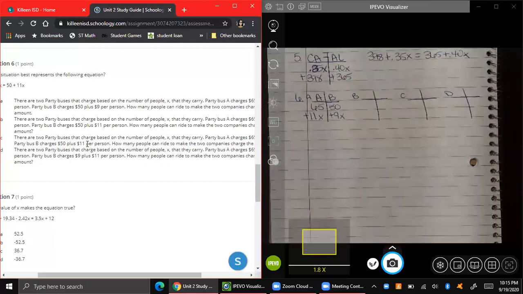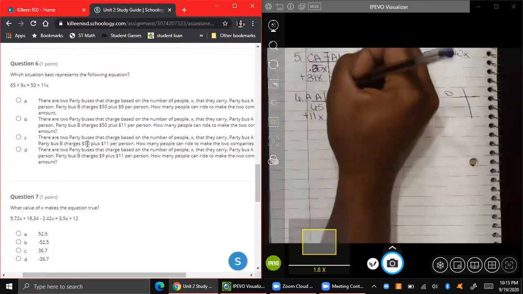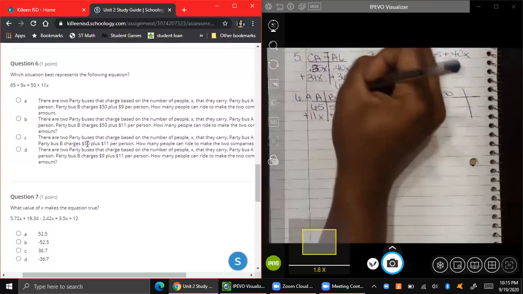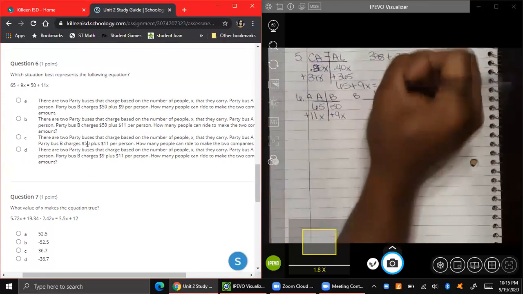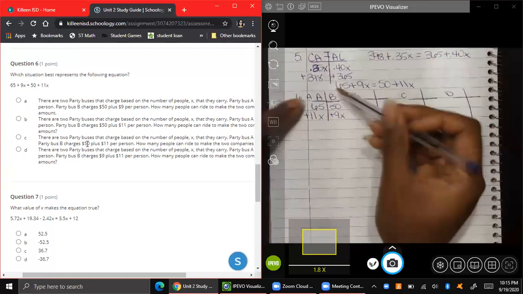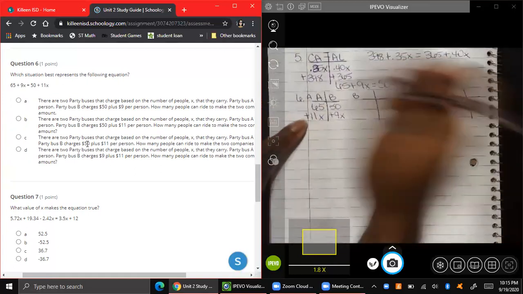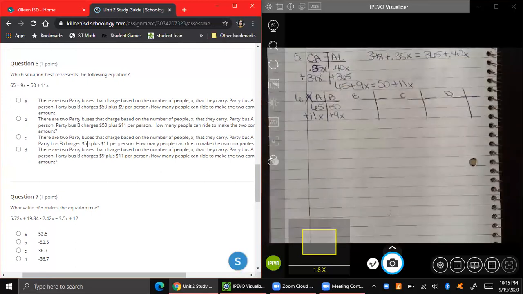How many people can ride to make the 2 companies charge the same amount? So let me go ahead and write my equation up here so I don't forget about it. It is 65 plus 9x equals 50 plus 11x. And this one has the 65 and the 11 on the same side. I'm sorry, on different sides. So that cannot be it.